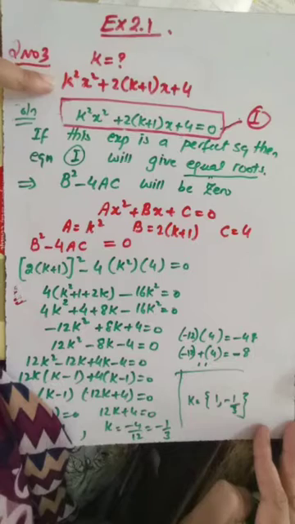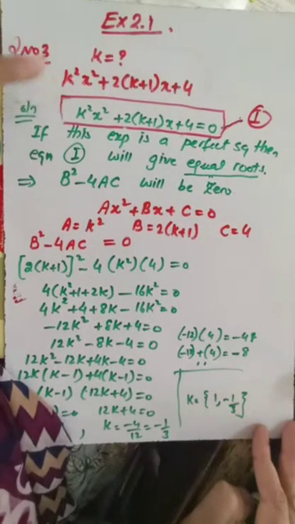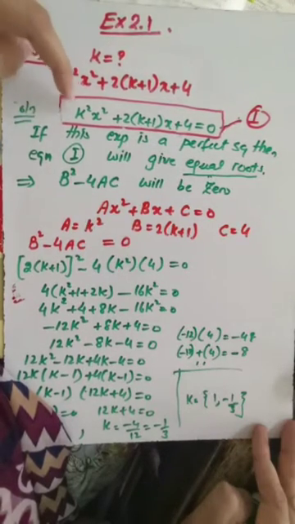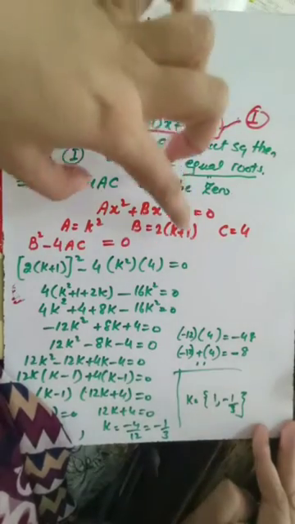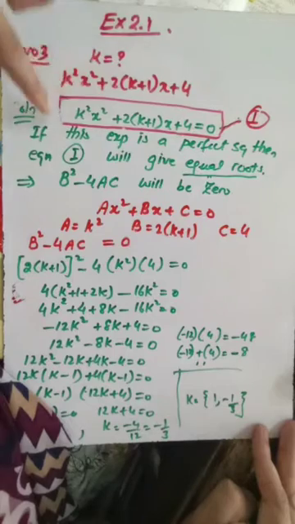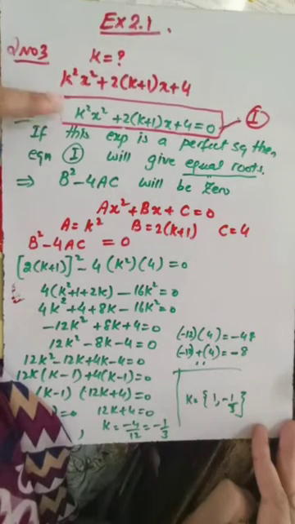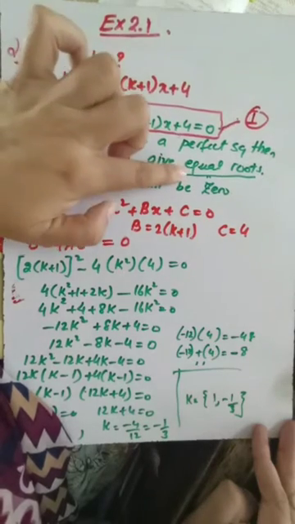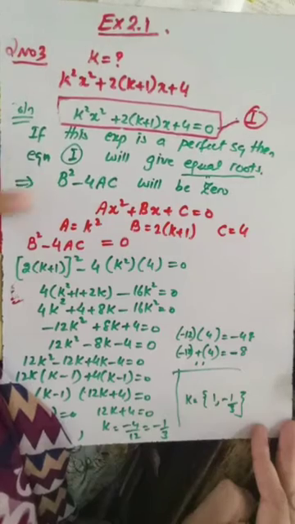For this to be a perfect square, we apply the fact that we have already done in the previous minutes, that if an expression is a perfect square, then it always gives equal roots whenever it is involved in a quadratic equation. So if this is a perfect square, then it should give equal roots, and we know that an equation gives equal roots only if its discriminant is equal to 0.